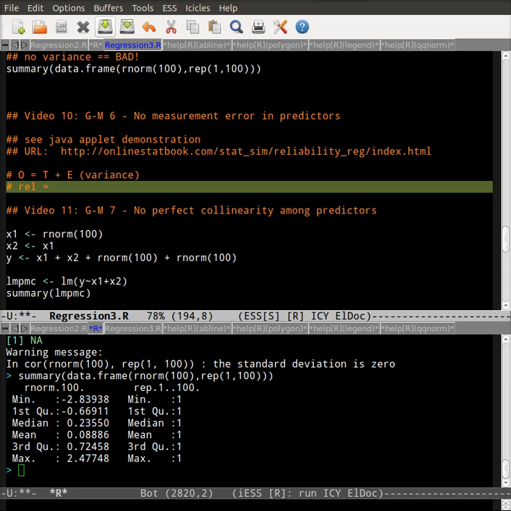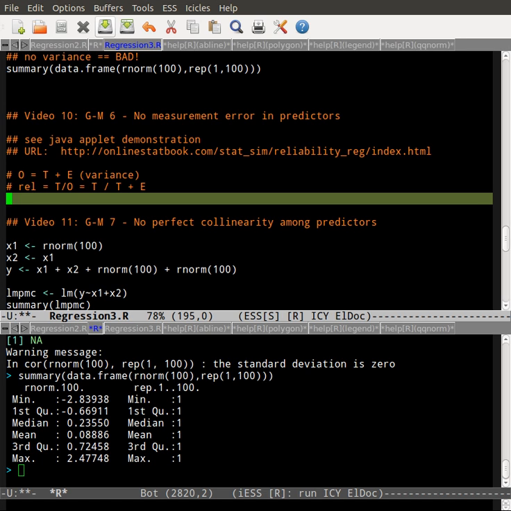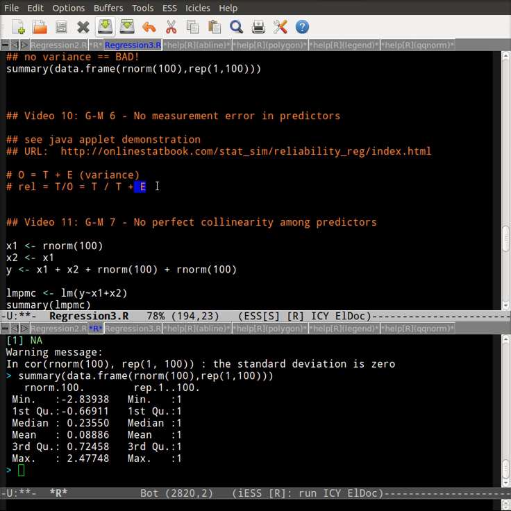The easiest way to look at this is reliability, typically some Greek letter like rho, which is that weird looking squiggly p. Reliability is equal to the true score over the observed score, which is also equal to the true score divided by the true score plus error. Now you can see that as we increase the error variance of any variable, the reliability decreases, because we're adding error to the denominator.